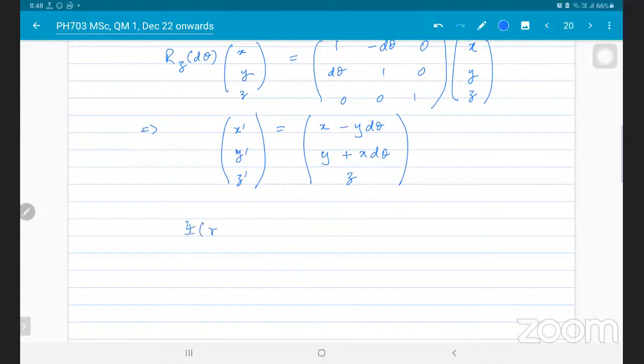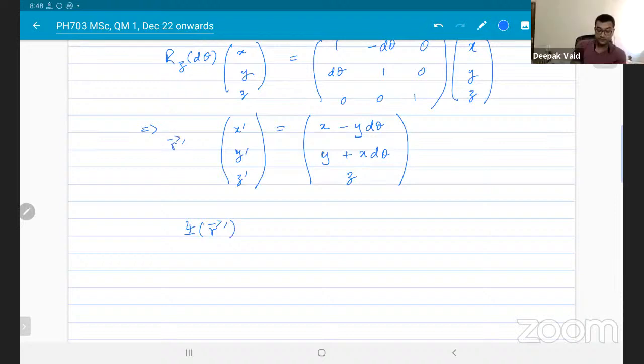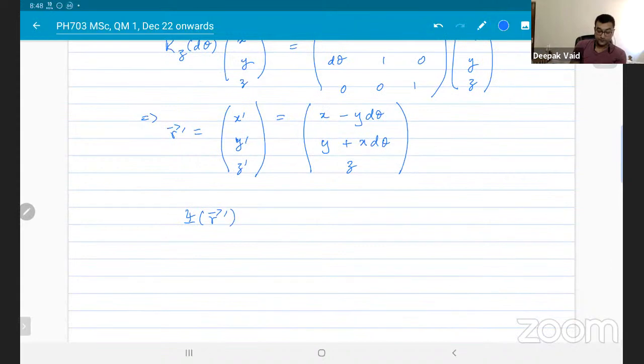Yes. Psi of r prime, this is r prime. Psi of r prime is equal to psi of x minus y d theta, y plus x d theta, and z. Okay? This is just r prime.